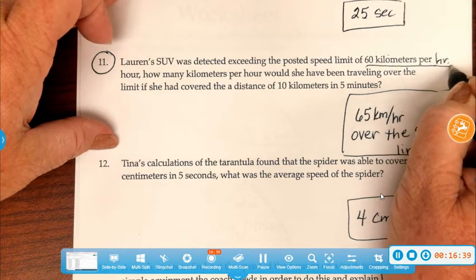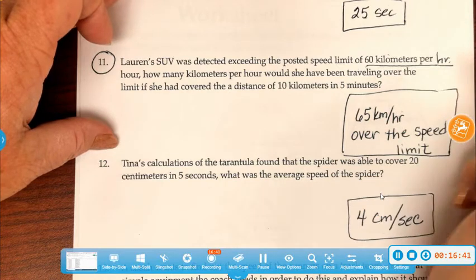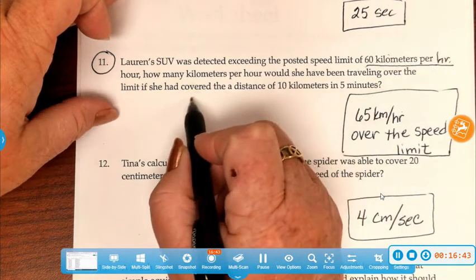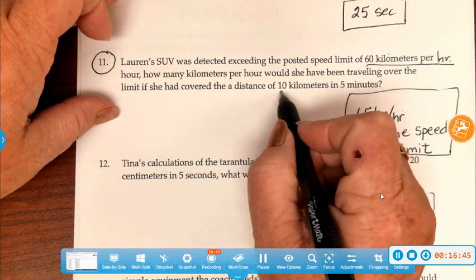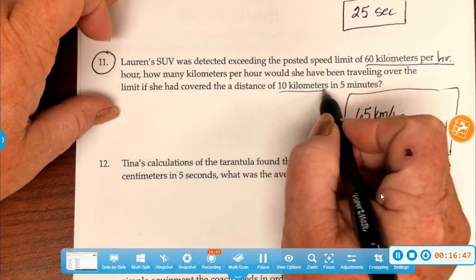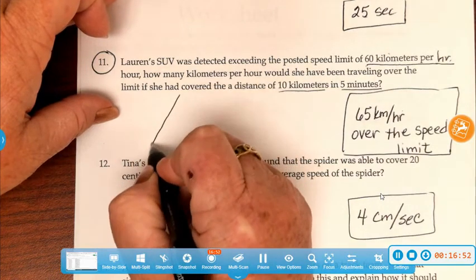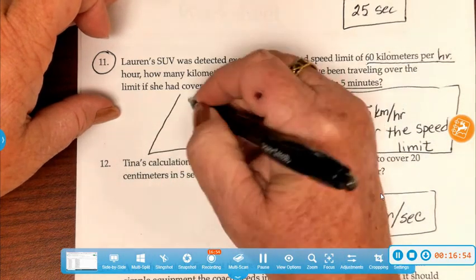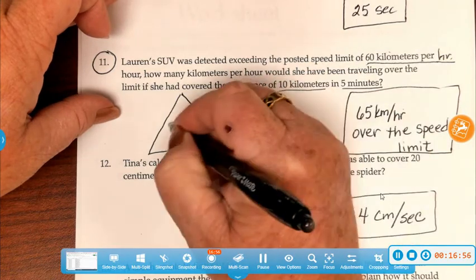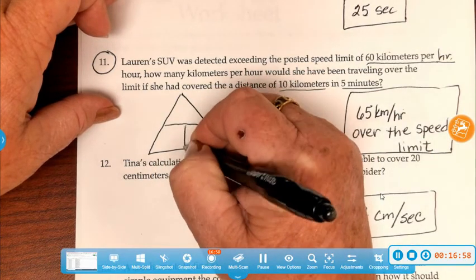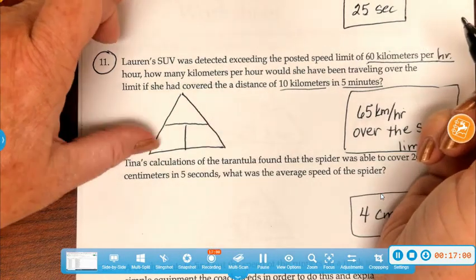So that's the speed limit. She was going faster than that. How fast was she going if she was doing 10 kilometers in 5 minutes? Here's our speed triangle. Speed is what we're looking for.